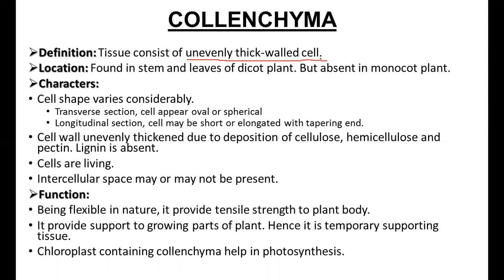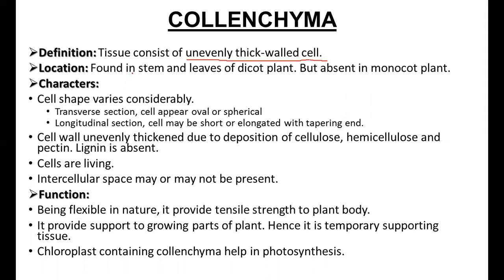That is why the collenchyma cell walls are unevenly thick. In some places, other material is deposited. In some places, other materials are not deposited on the cellulose. But cellulose is the basic material in the cell wall, so cellulose must be present in collenchyma.